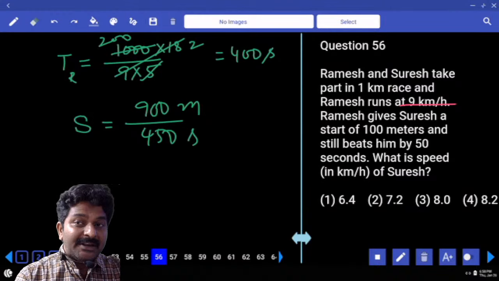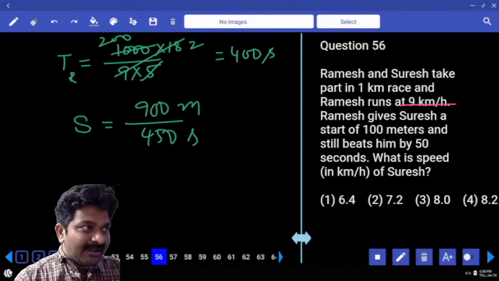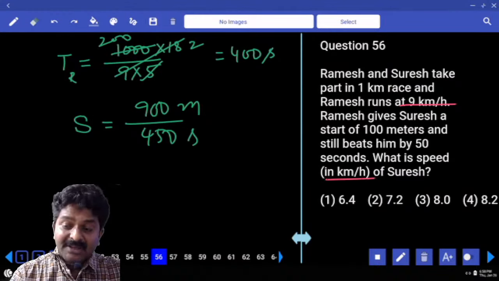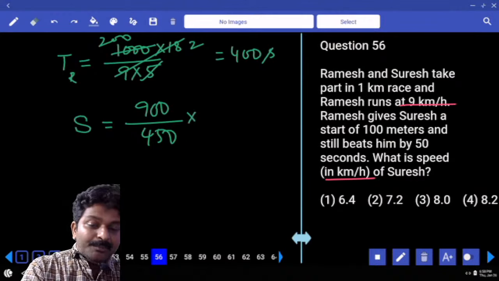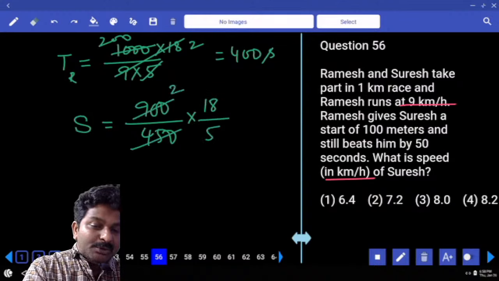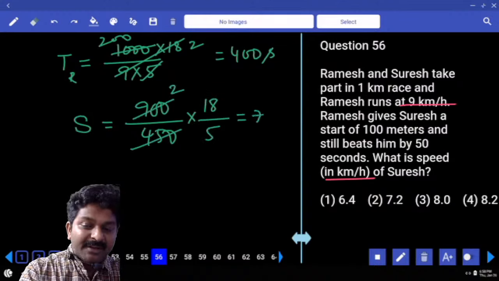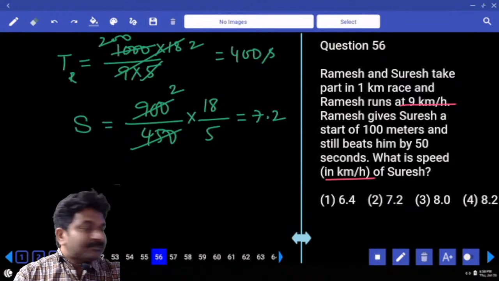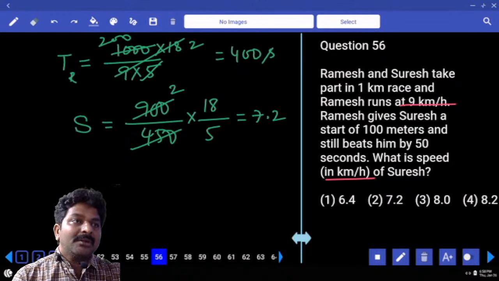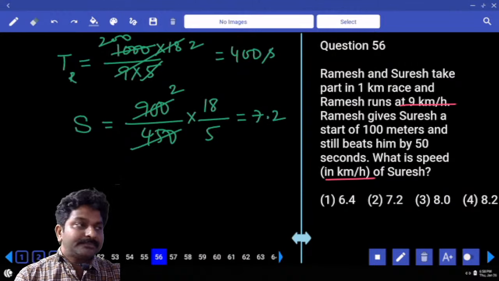You will get speed in meter per second. But in the options, we were asked to calculate in terms of kilometer per hour, so multiply by 18 by 5. 450 2 times 36 by 5, 7.2 kilometer per hour. Followed?